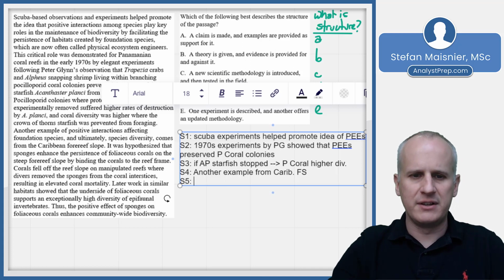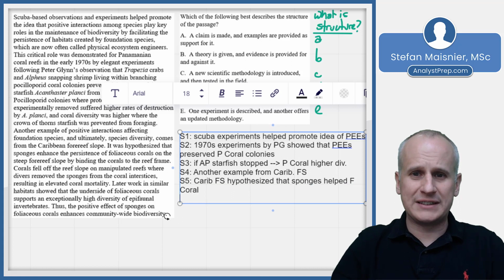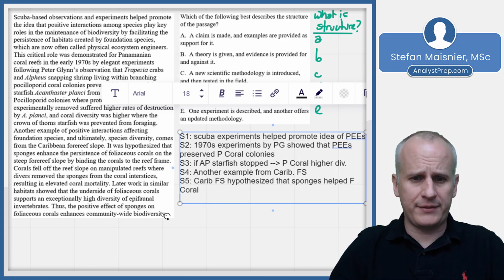So S5 is that we know that in the Carib FS, it was hypothesized that sponges helped F coral. And we just keep coral because that's a consistent variable throughout this passage.